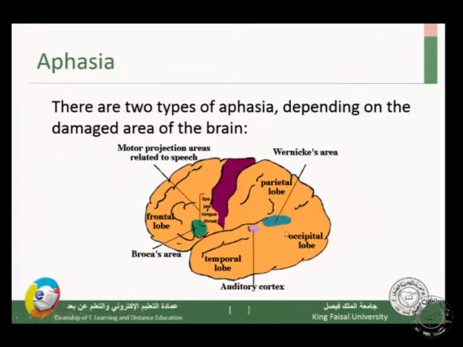So this part, which is called Wernicke's, people who have received damage on this area of the brain, linguists have noticed that they have a problem with understanding speech. They can speak fluently. They speak meaningless sentences.